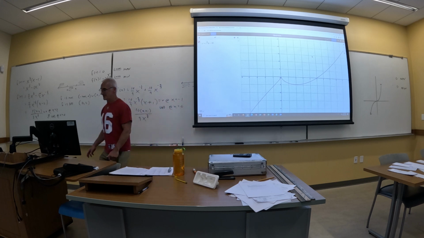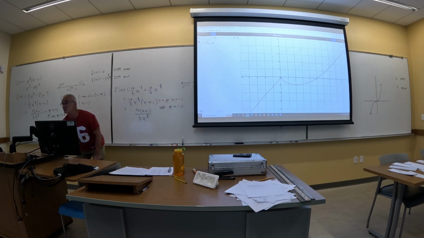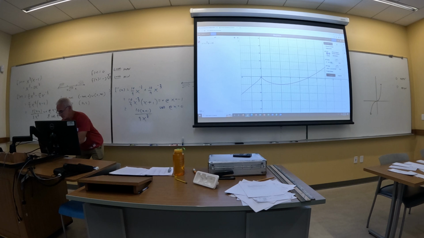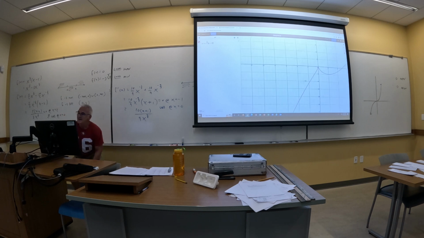It is really hard to tell, so let me squish it a little bit more. Let me go negative 2 to, I'm going to just do this much of the graph. Whoops, hold on, let me go the other way. Let me go negative 20. Still not sure you can see it. Can you see it?